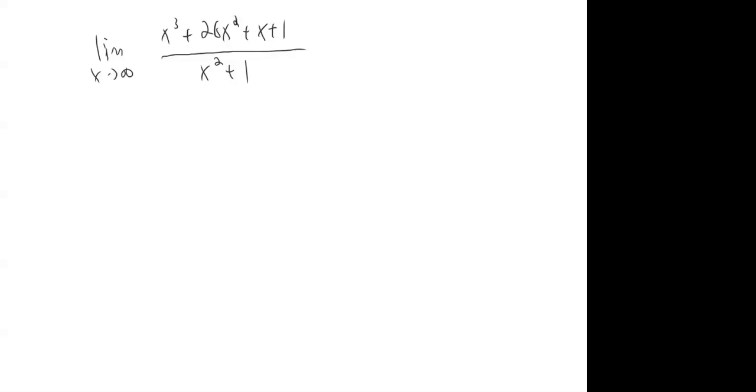So let me ask you, Ren, if you look at the top, when x goes to infinity, which term gets the biggest? Which term kind of wins, stands out? I mean on the top, if I just look at this thing. Yeah, x cubed, right?